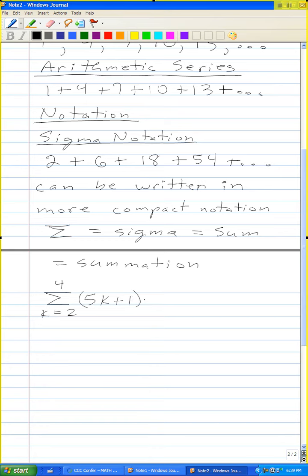So this notation would mean the following. This is called my dummy index. This is my initial value. And this is my ending value for my dummy index.